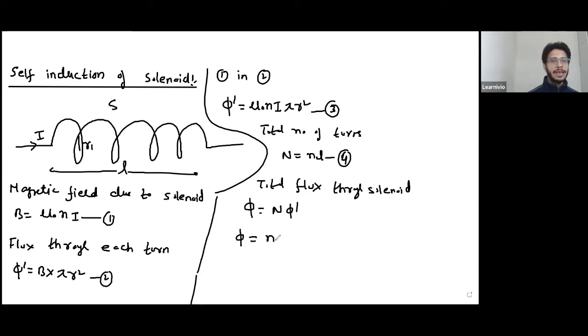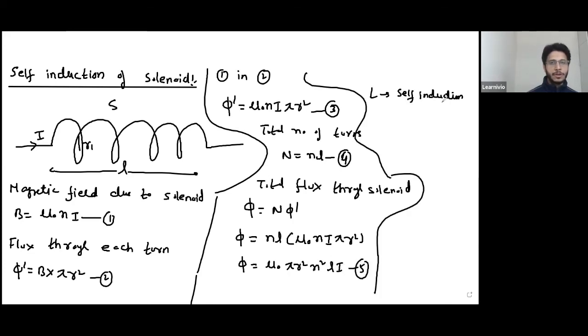So this is nL multiplied by mu naught n i pi r square. So the total flux comes out to be mu naught pi r square n square L i. That's equation number 5. If L is self-induction, then your phi would be Li.